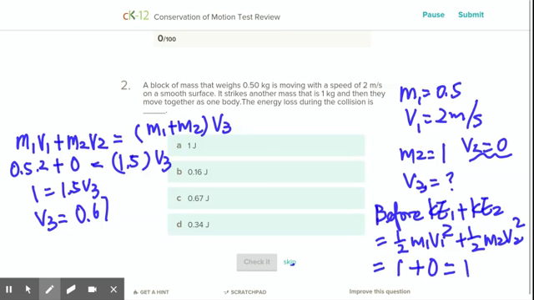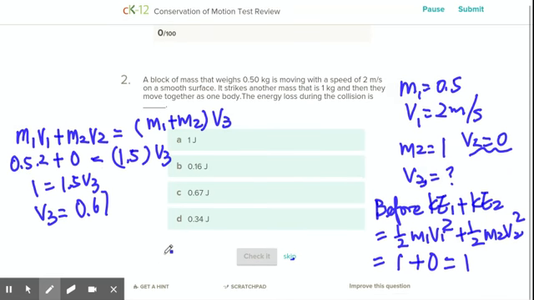KE1 is the kinetic energy of the first item, and KE2 is the kinetic energy of the second item. Since we already have the given, I just plug in the given, use the calculator, I find out the total kinetic energy is 1 before collision. Does that make sense?